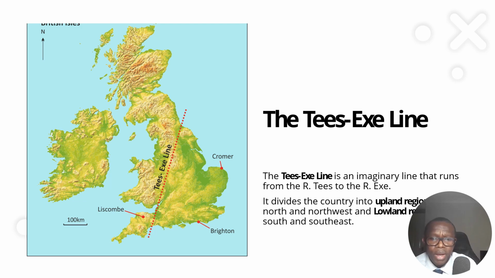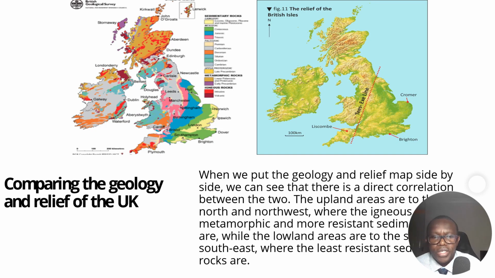It is an imaginary line that runs from the River Tees to the River Exe, and it divides the UK into upland landscapes to the northwest and the north, and lowland landscapes to the south and the southeast. This slide shows the geology map and the relief map side by side.